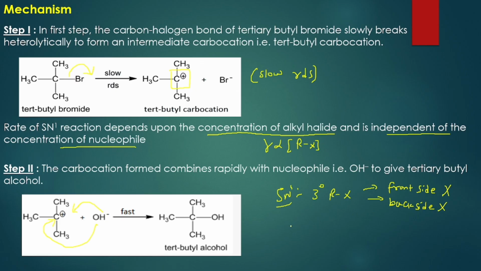So nucleophile attack is not possible, therefore there is no effect of nucleophile. So what is happening? Being a tertiary alkyl halide, in step 1 the carbocation intermediate is forming, and in step 2 the nucleophile is attacking the carbocation. This is the concept of the SN1 mechanism.